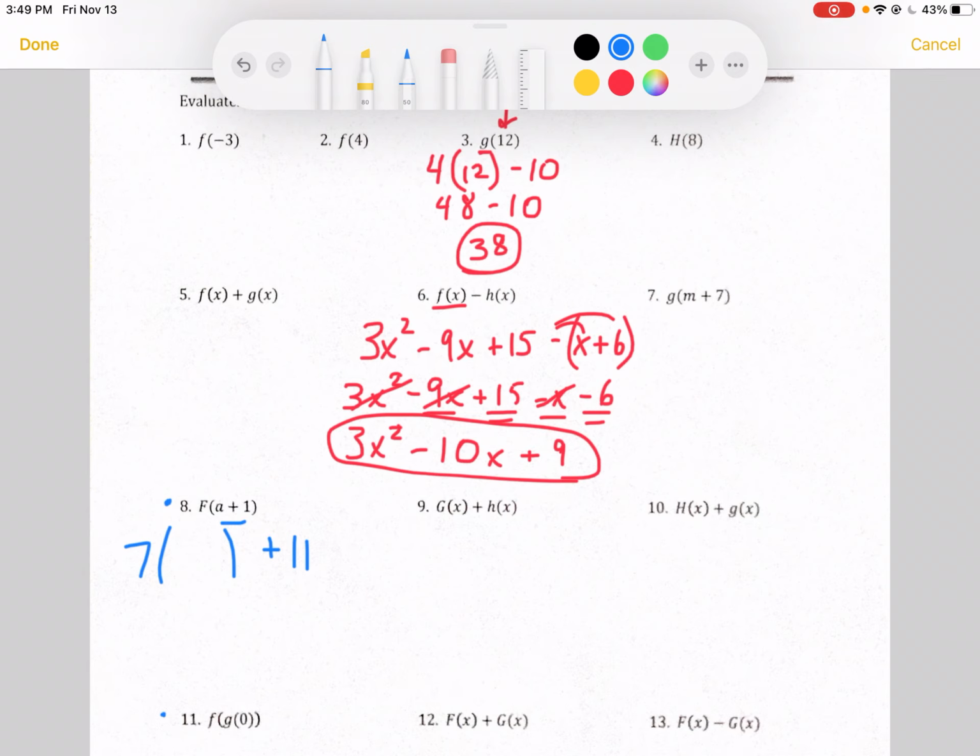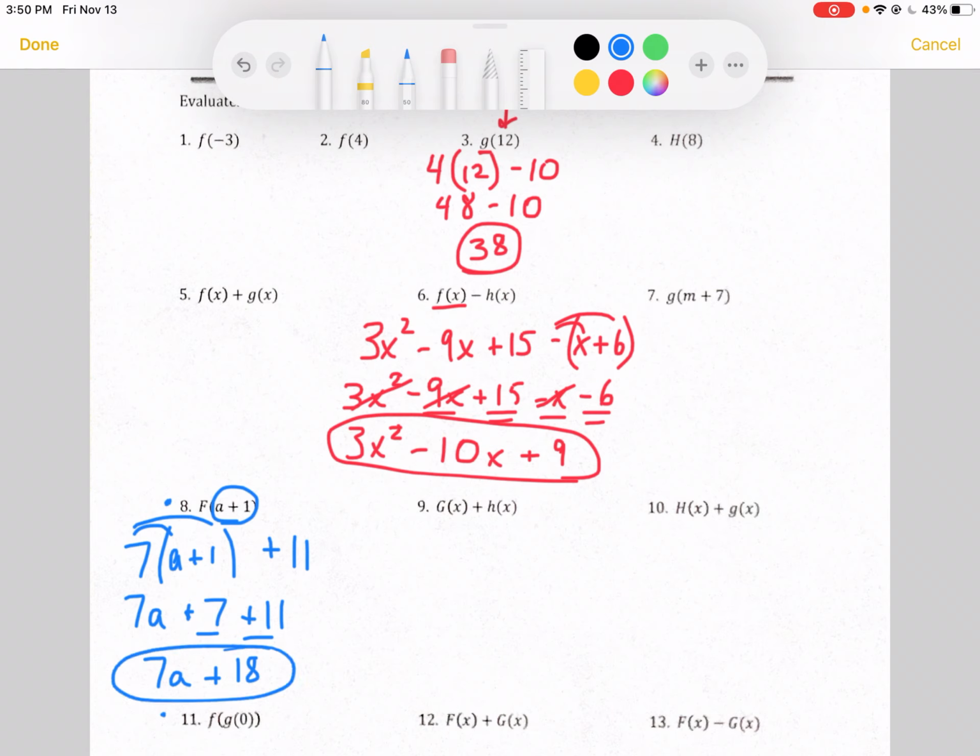And x in this case is another expression, a plus 1, which looks really scary, but it's not that bad. You're actually just going to distribute the 7 times the a and times the 1. So we have 7a plus 7, and then the plus 11 is still there. So combine like terms. You have 7a plus 18, and you're done.